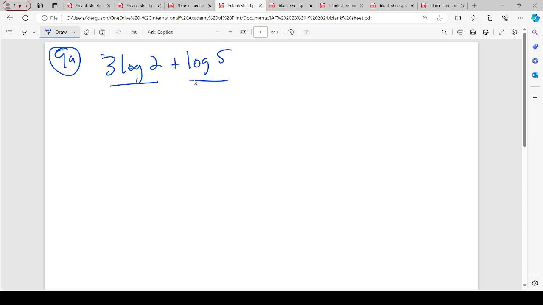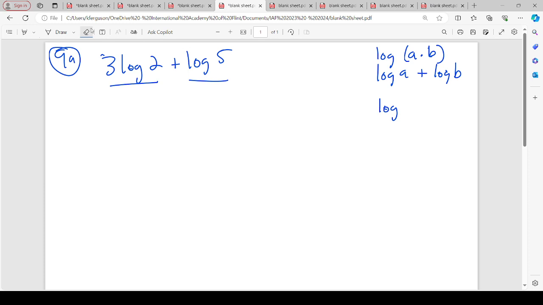Now, one of the properties that we know is that if I have a log of 2 things that are multiplied, I can write them separately. So if I want to write this as one log, I'm going to do the reverse. I'm going to put them together. There's also a property that says if I have something in front of my log, well, let's not say 3.